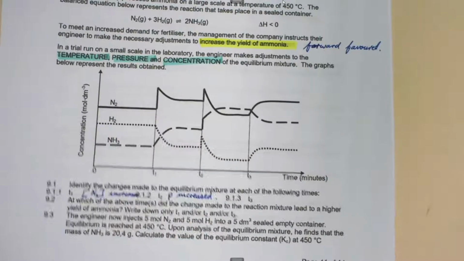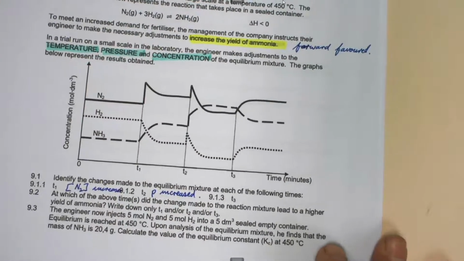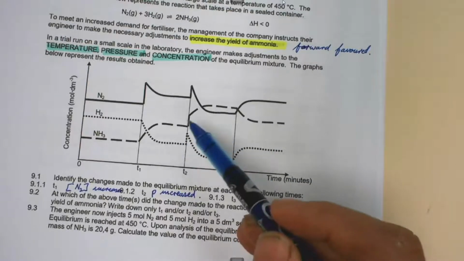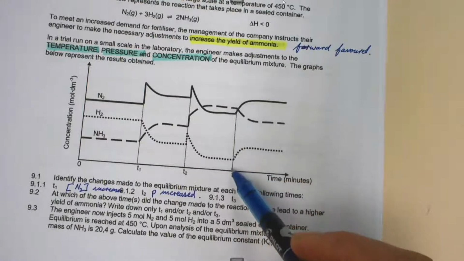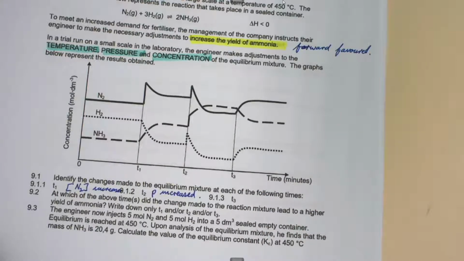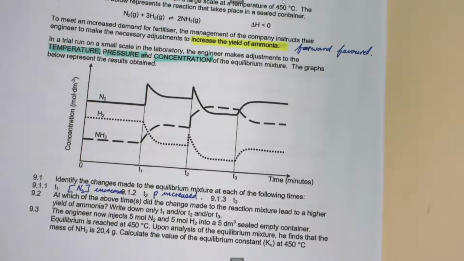All right. Now let's look at T3. Now at T3 I see there's no sudden change to any of the concentrations. So that means now that there was no pressure change, there was no concentration change. So it must be a temperature change.